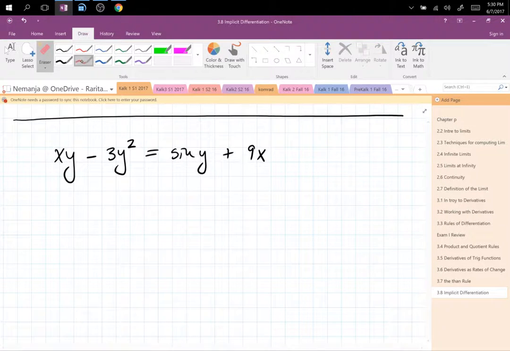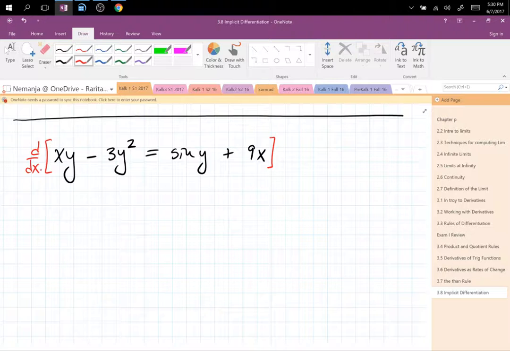Suggestions? Yeah. What should we do? Should we treat x, y as a multiplication and do it separately? Should you? I'm asking. Yes, you should, because it is x times y.